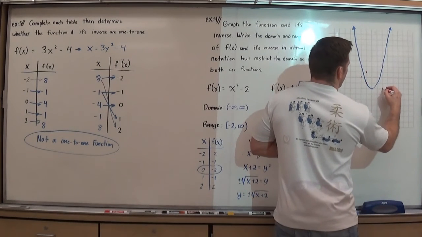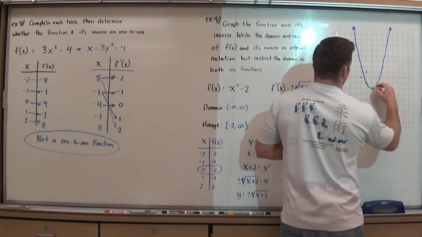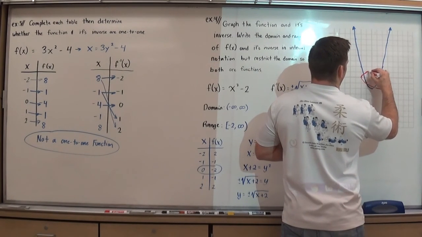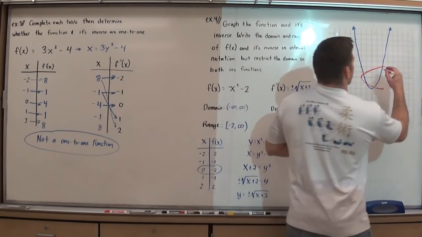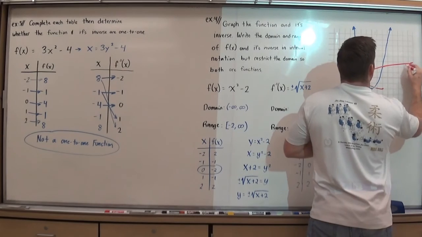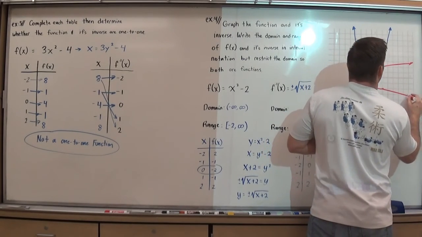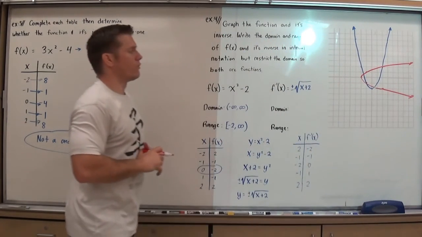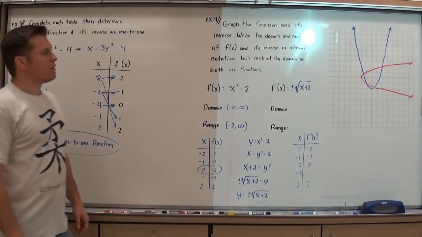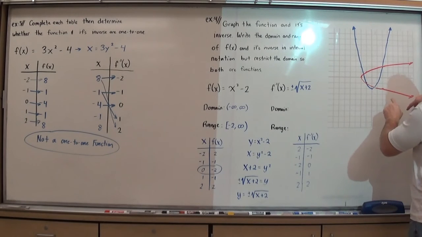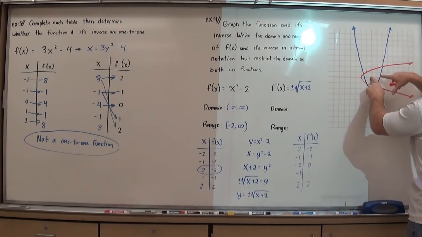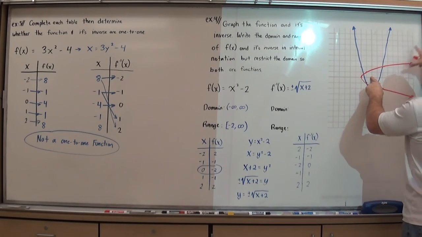And so if you look, it's kind of odd. It's going like this. And that's because it's making a horizontal parabola. It is reflecting it over y equals x. So it's actually reflecting here. It's a little hard to see because we have some overlap going on. But it is reflecting it over the line y equals x.